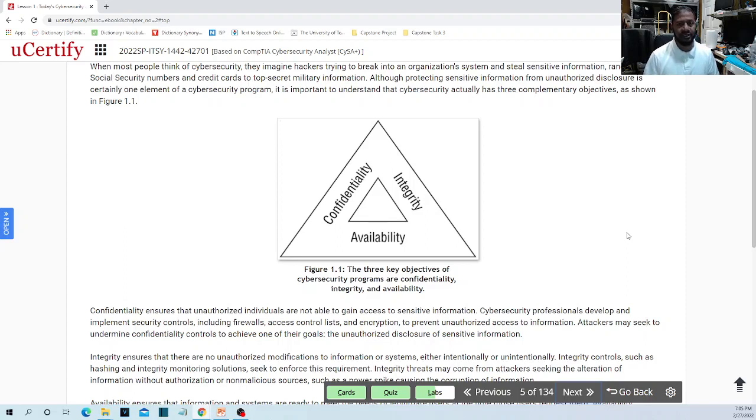That is integrity. Third is availability, meaning people who are authorized users, whom you intend that they should have the access to the data, they will have the access and the data will be available to them whenever they need.